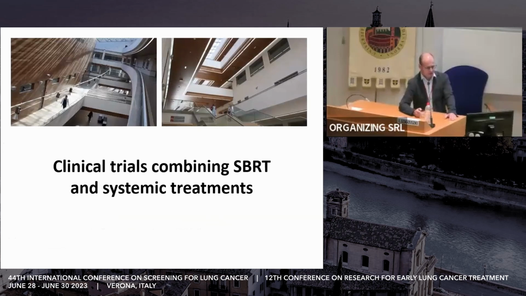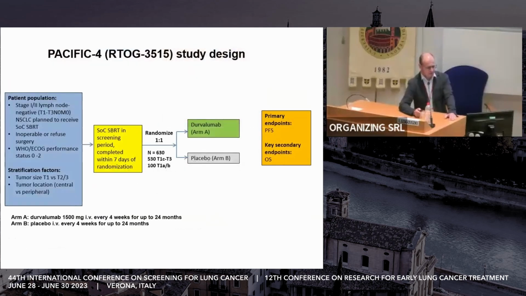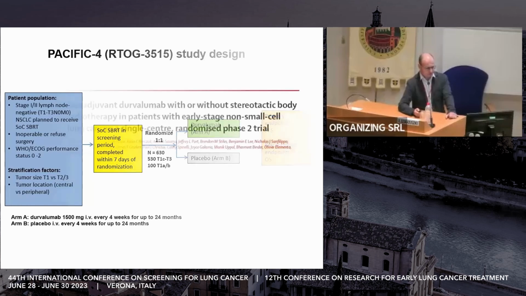Now, clinical trials that are combining SBRT and systemic treatments, one of the most important that is to close accrual this year is the long ongoing RTOG 3515 study, or PACIFIC-4, in which patients treated with SBRT with high-risk disease, defined as mostly T2, T3 tumors, are randomized to consolidation durvalumab for 24 months versus placebo, with the primary endpoint of progression-free survival.